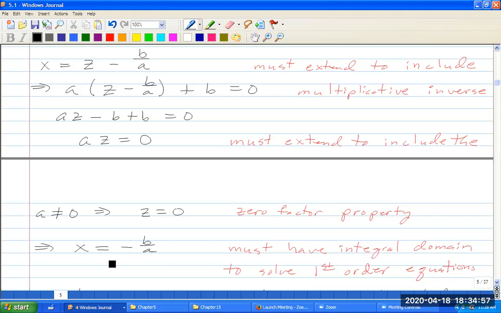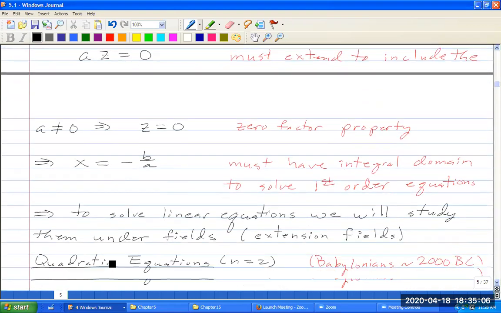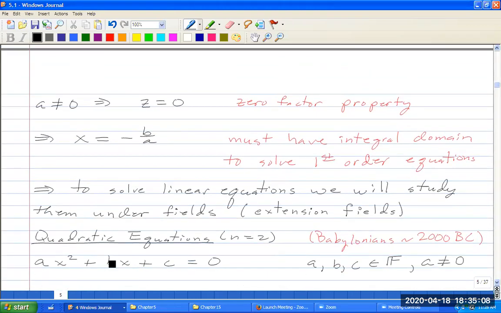In order to solve a first order linear equation, we must at least look at integers. Not quite fields yet. We're going to study them for integral domains.